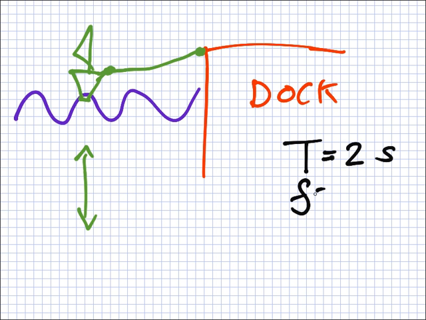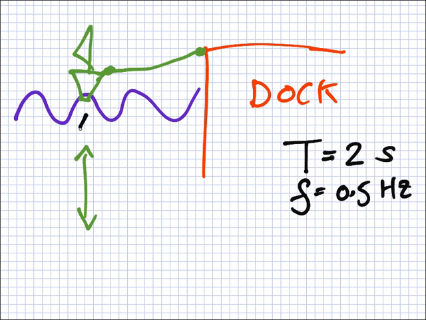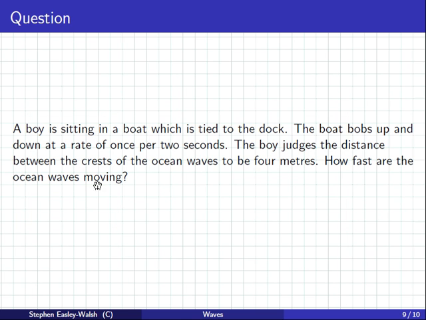So the f equals, yeah, hertz. Okay. The distance between the crests is 4 meters. Wavelength. Yeah, so the distance between the crests, that's 4 meters.